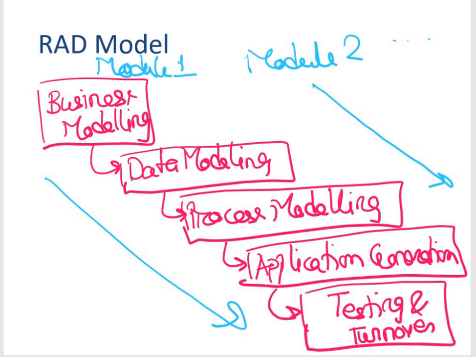In case of your business modeling, the information flow among the business functions is defined by answering questions like: what data drives the business process?